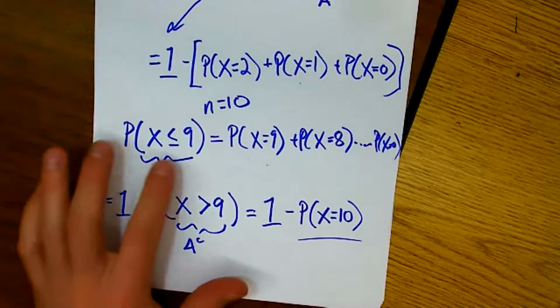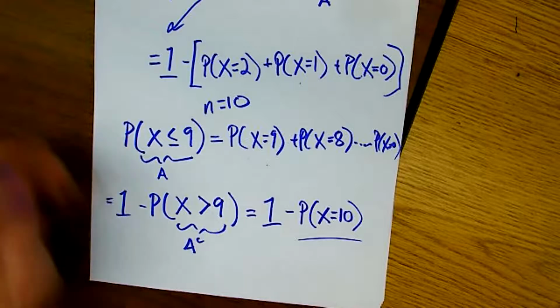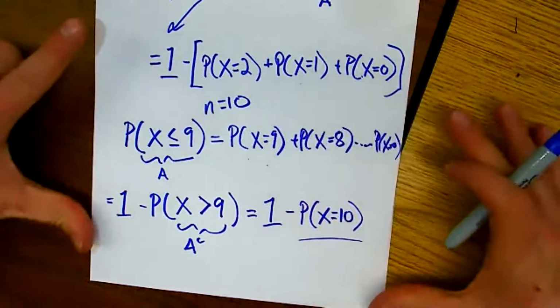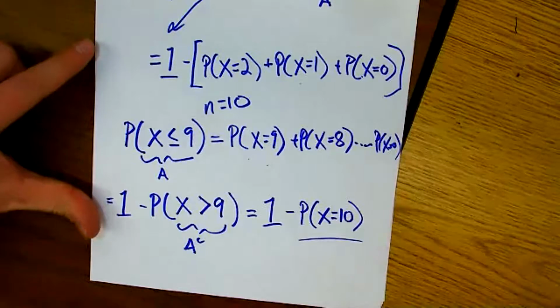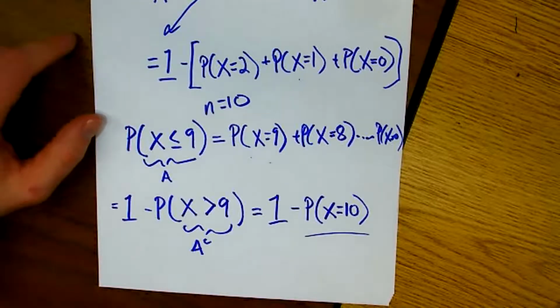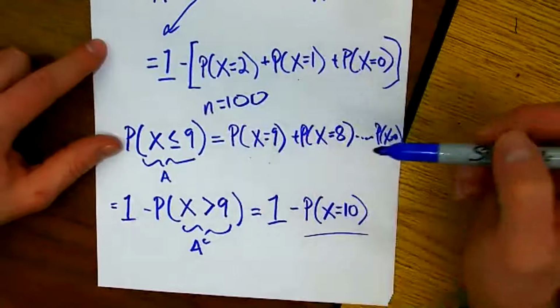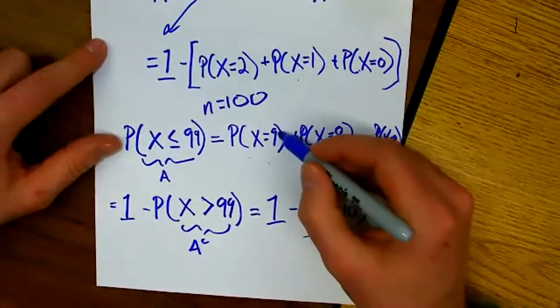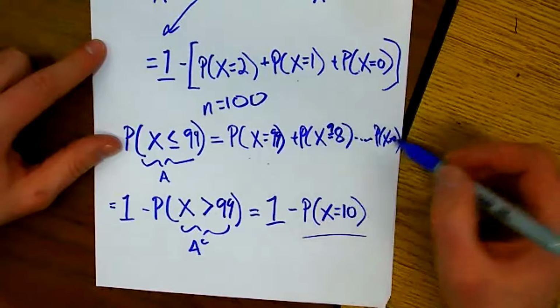Or you can think about if this got large enough. First of all, are there any questions on that before I keep going? Okay. So let's say I had n as 100 and I changed this to 99, so this is like 99, 98.